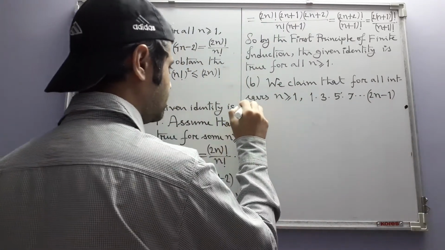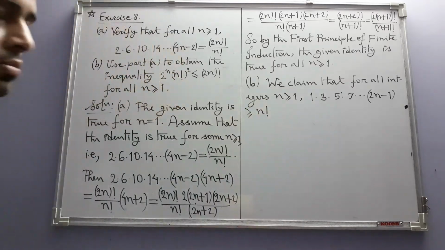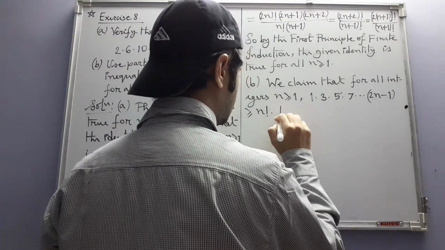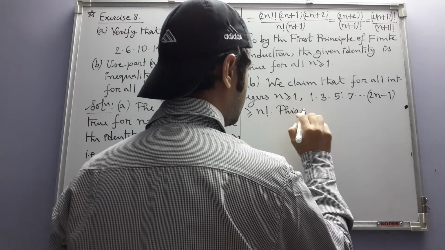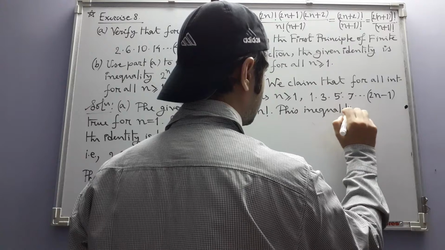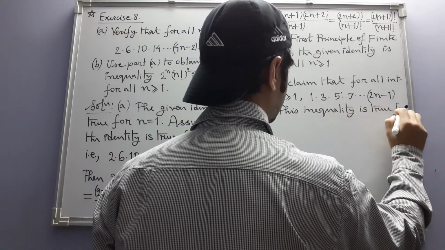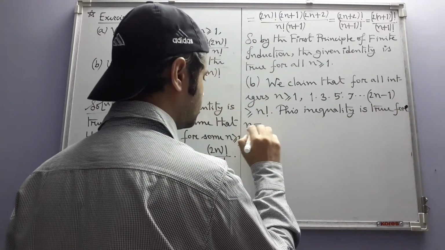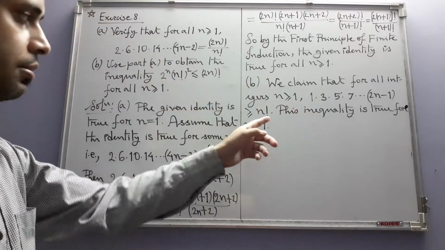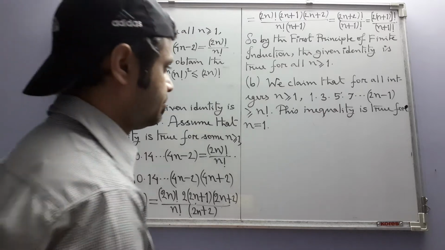We are claiming that this is greater than or equal to n factorial. This is our claim. This inequality is true for n equal to 1. When n is equal to 1, the left hand side is 1, the right hand side is also 1. So in this case we actually have equality.